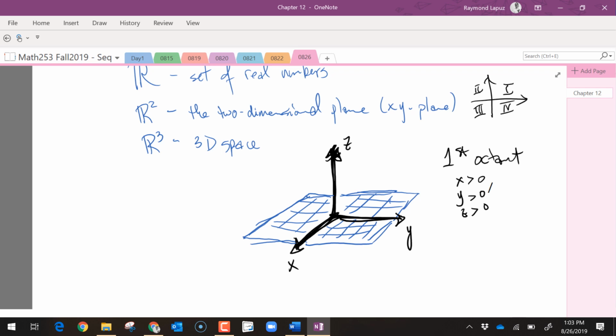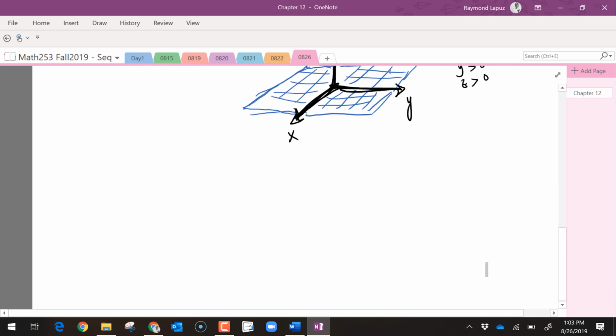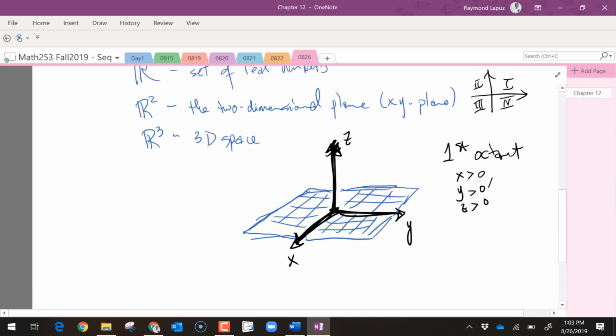All right, so we have the XY plane. We call it the XY plane because it's on the X and Y axes. But the equation of the XY plane, I don't know if it's odd or strange, is actually given by the Z axis. It's all the points in space that have Z equal to 0.